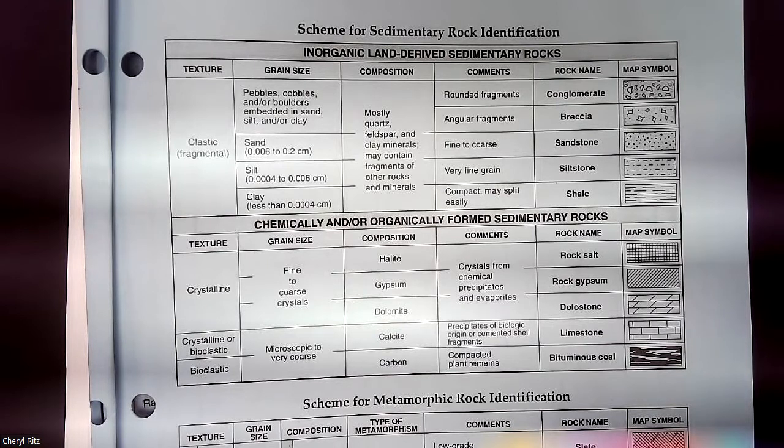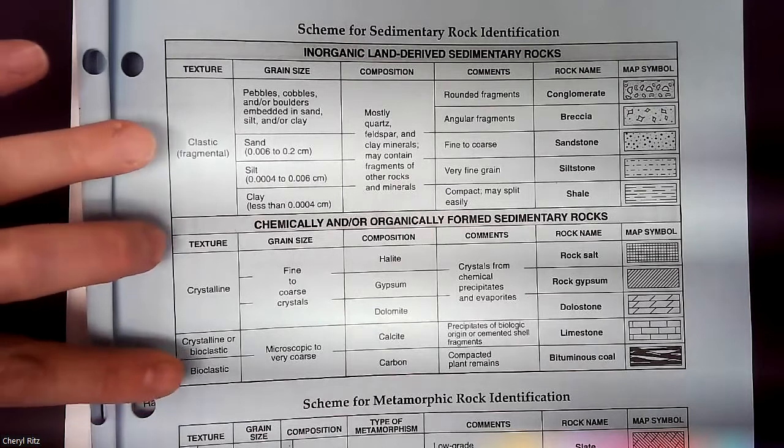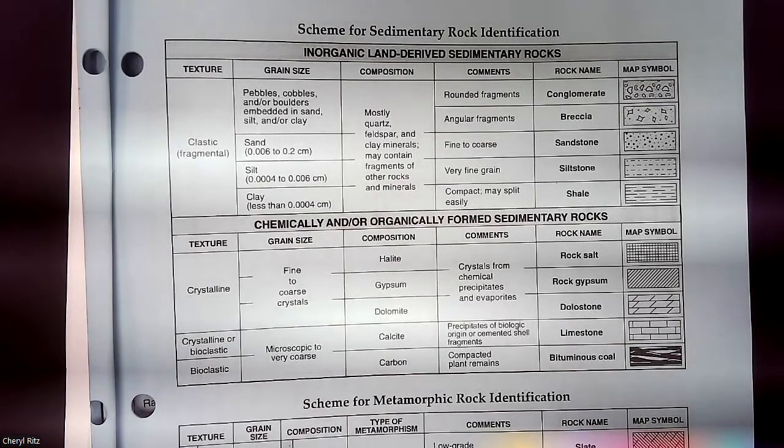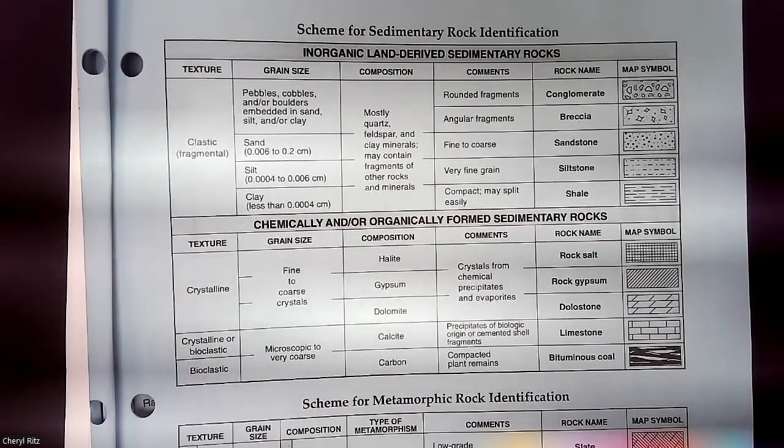What groups do we make? I want to see you guys point to the groups we're going to put them in. So the first group, Carter, how do you want to separate them? Clastic, crystalline, bioclastic. Yes, so the three major groups that you're going to put the rocks in are clastic, crystalline, and bioclastic.